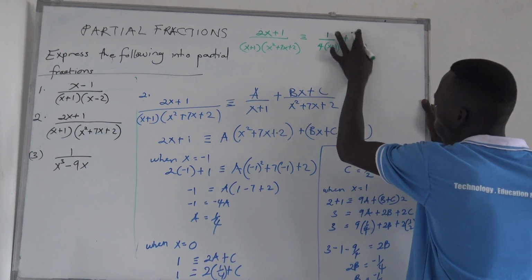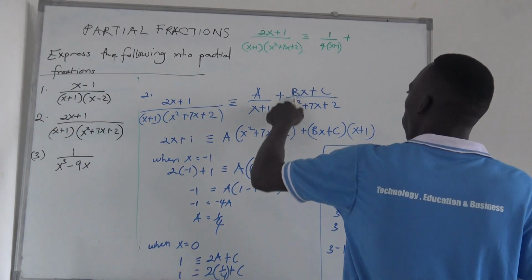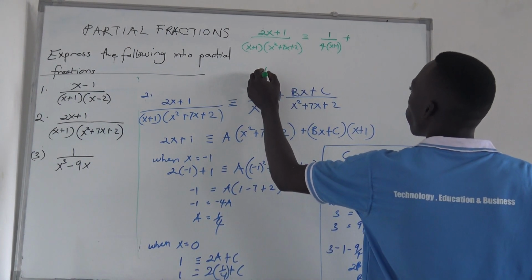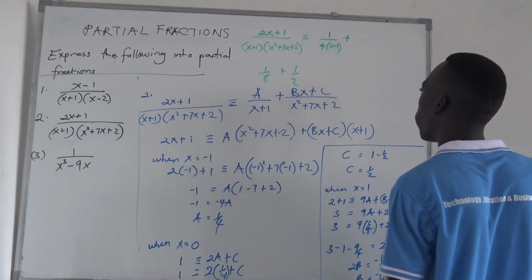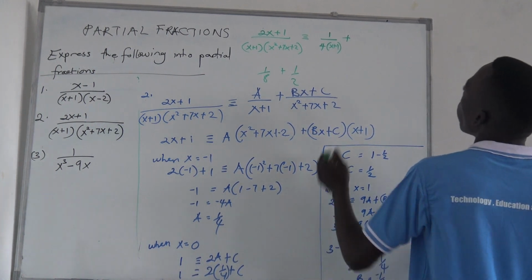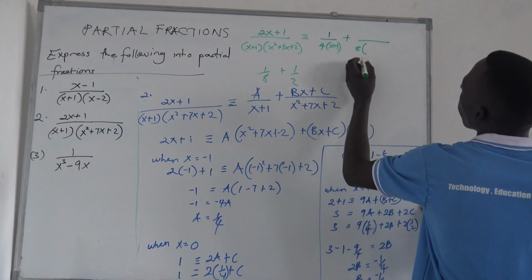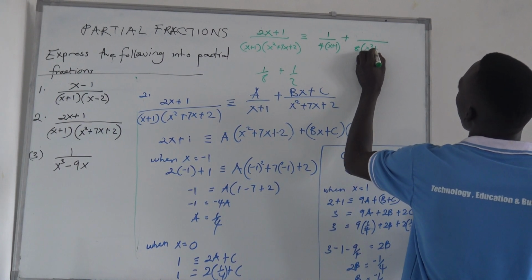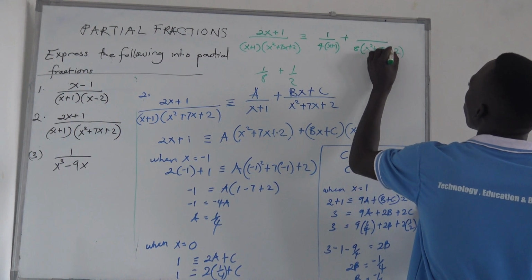So before we continue, we must first get the LCM. So since this one is out of 8, we have 1 out of 8 and also 1 out of 2, get the LCM, which is 8. So that means 8 will be down. So for this case, I'm going to put the 8 down into x squared plus 7x plus 2.